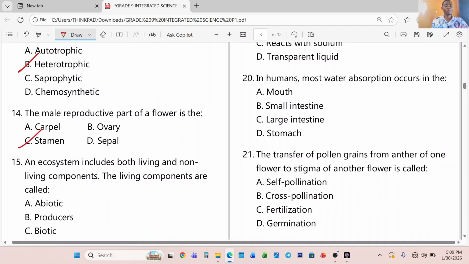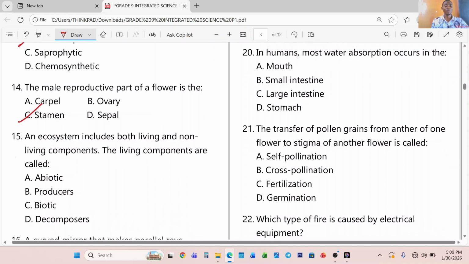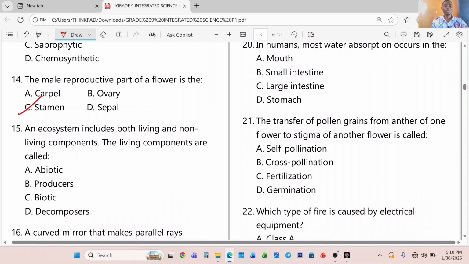Question 15. An ecosystem includes both living and non-living components. The living components are called. We have abiotic. Abiotic forms the non-living part of the ecosystem. We have producers. Producers are part of the feeding levels.